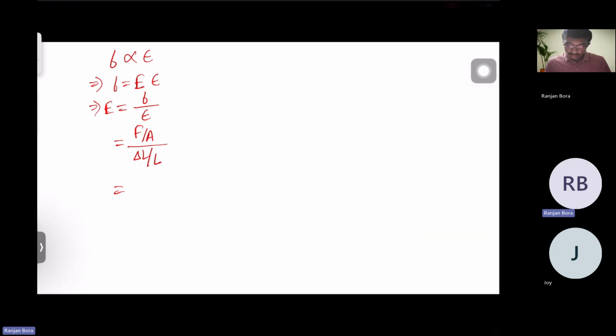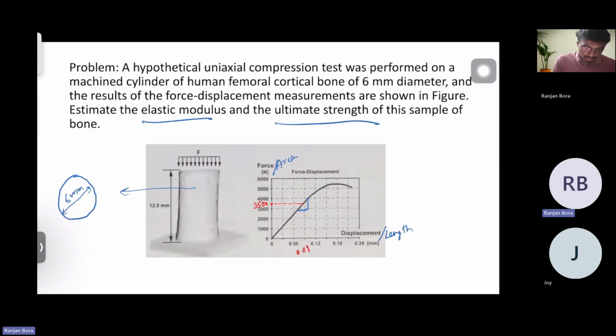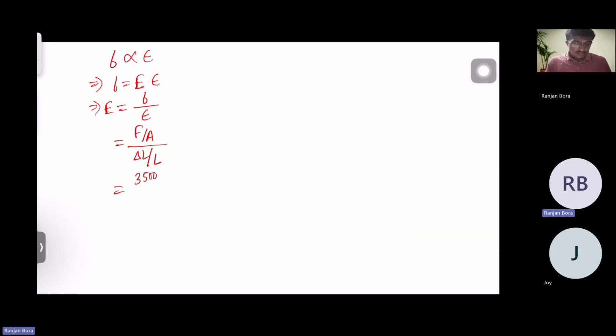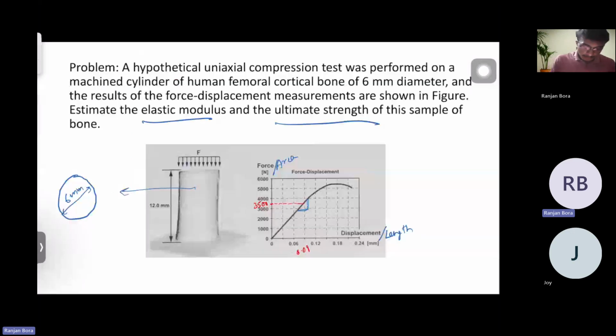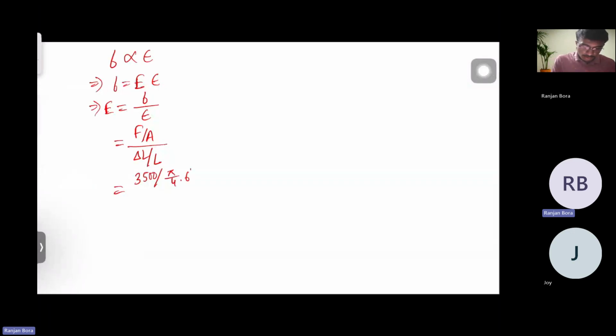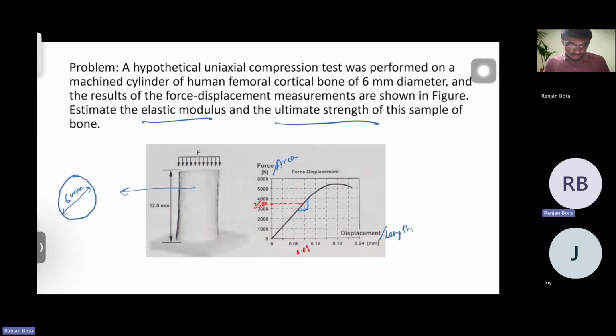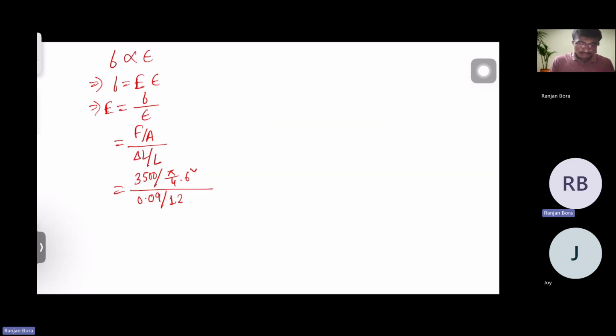F we are taking as 3,500 divided by area. The area of this cross section is circular, so area is pi by 4 d squared, pi by 4 times 6 squared. And strain, delta L is 0.09 divided by the length, which is given as 12 mm. So 0.09 divided by 12.